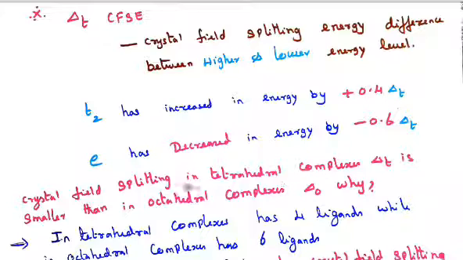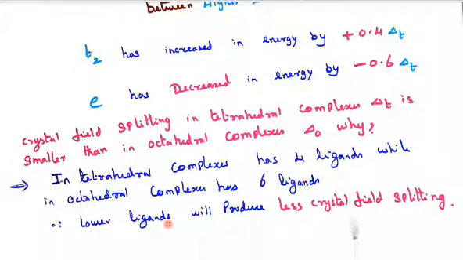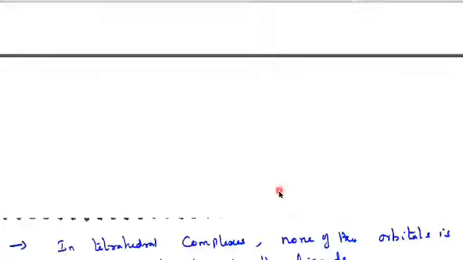The crystal field splitting in a tetrahedral complex, delta T, is smaller than in the octahedral complex, delta naught. Why? In a tetrahedral complex there are 4 ligands, while in an octahedral complex there are 6 ligands. Fewer ligands produce less crystal field splitting, which is the main point.